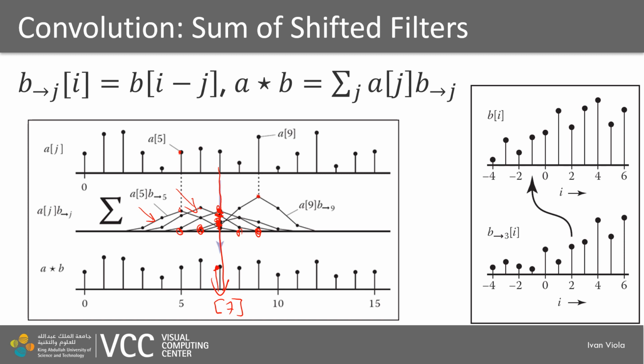So this is the way we can perform the convolution as a sum of shifted filters. And these shifted filters are weighted by the values of our neighboring signal values. The shifted filter here is exemplified on this signal. So this looks like a signal, but it is also a filter. It's the filter BI, and this shifting operation by 3 is depicted here. So you can see that this value is the same here.